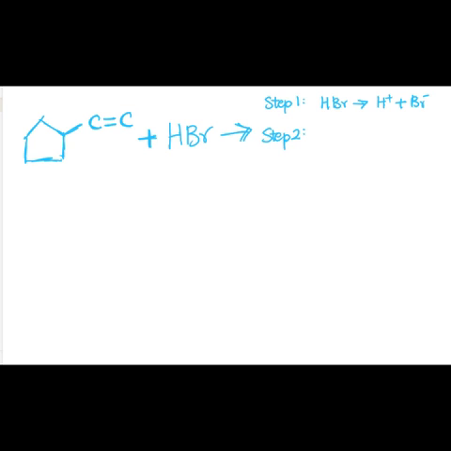So the first one, A, would be that most of the electrons will go to the carbon on the right hand side of the double bond. So this becomes more negative and this becomes more positive, relatively.